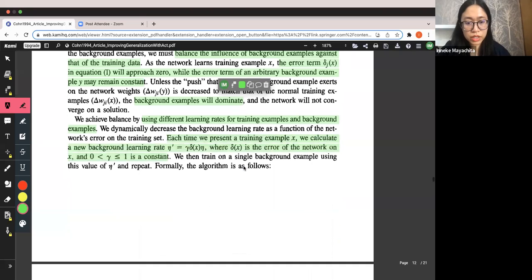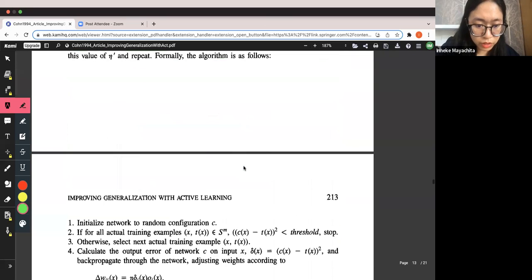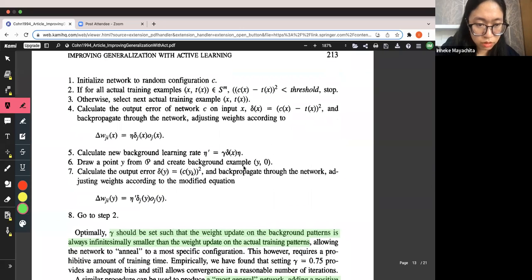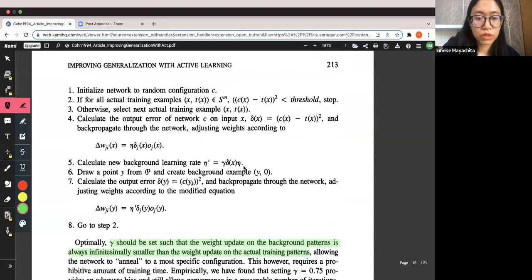As I mentioned, we will just look at these steps. We start with a random initialization of the concepts, in other words, random initialization of the model weights.